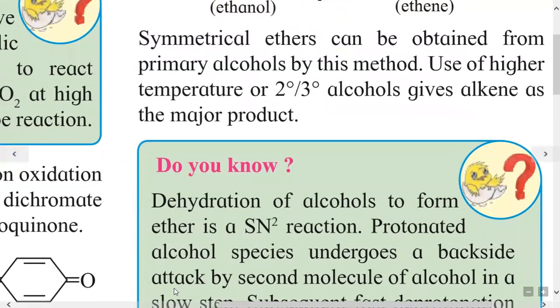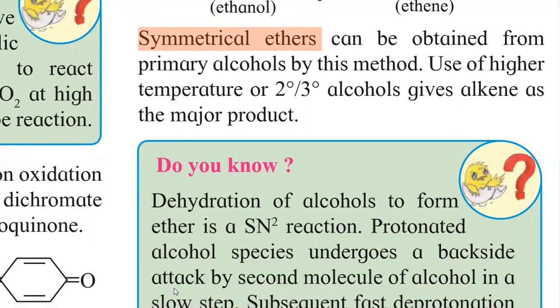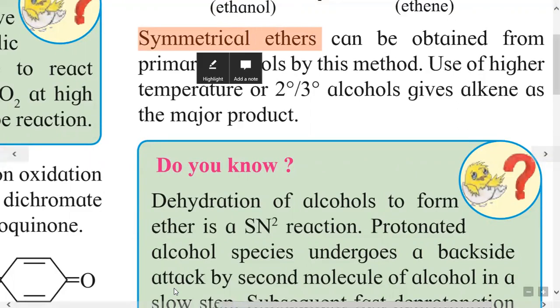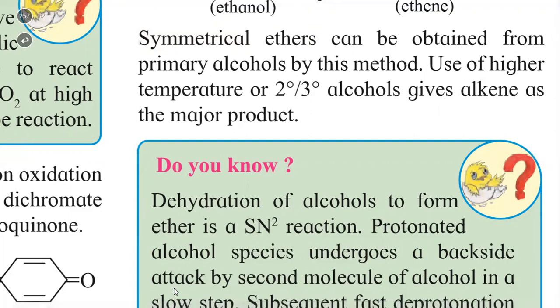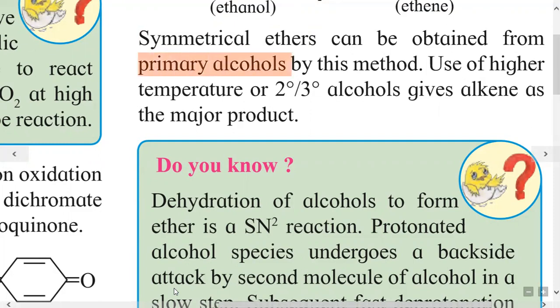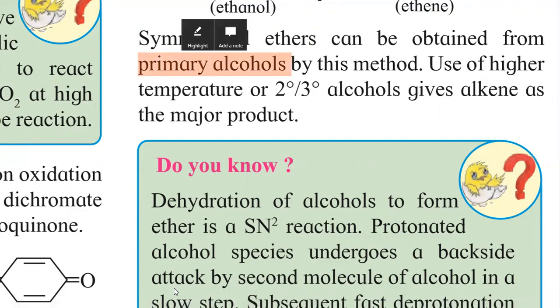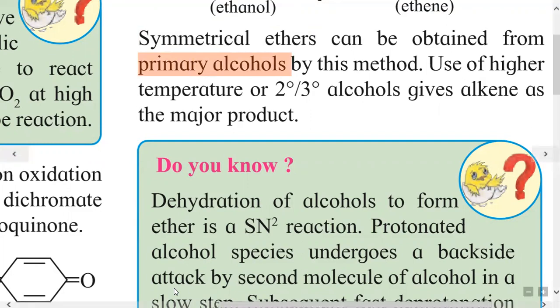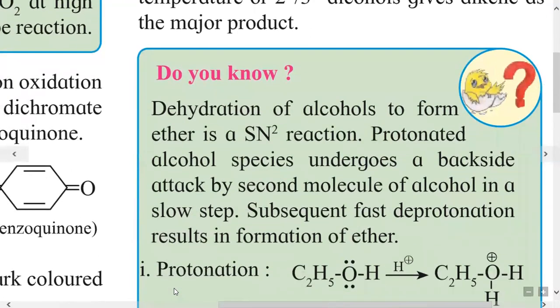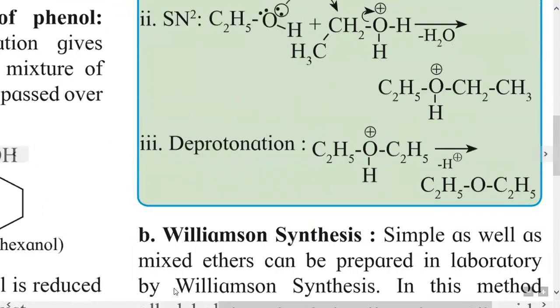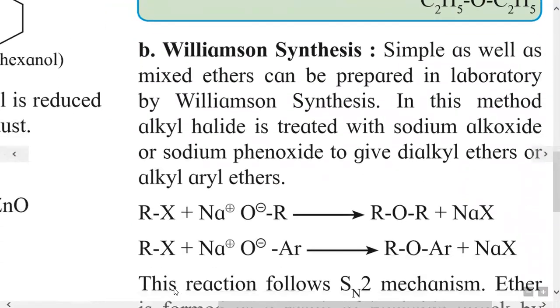So in this method, mainly symmetrical ethers are prepared. Symmetrical ether means either side of the oxygen functional group contains the same alkyl groups, and mainly primary alcohols are used. So that is the first method for the preparation of ether.